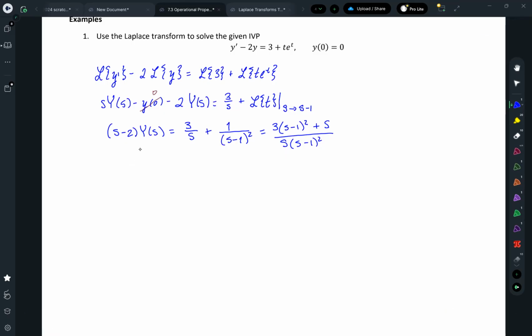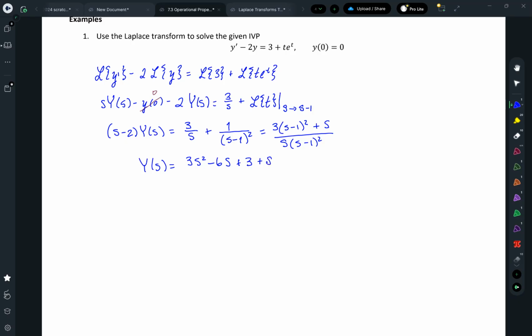But now, when I get my Y of s by itself, I get Y of s is equal to, in the numerator, I have the s minus 1, which is s squared minus 2s plus 1. So that's 3s squared. The minus 2s times 3 gives me minus 6s. The plus 1 times 3 is a 3.